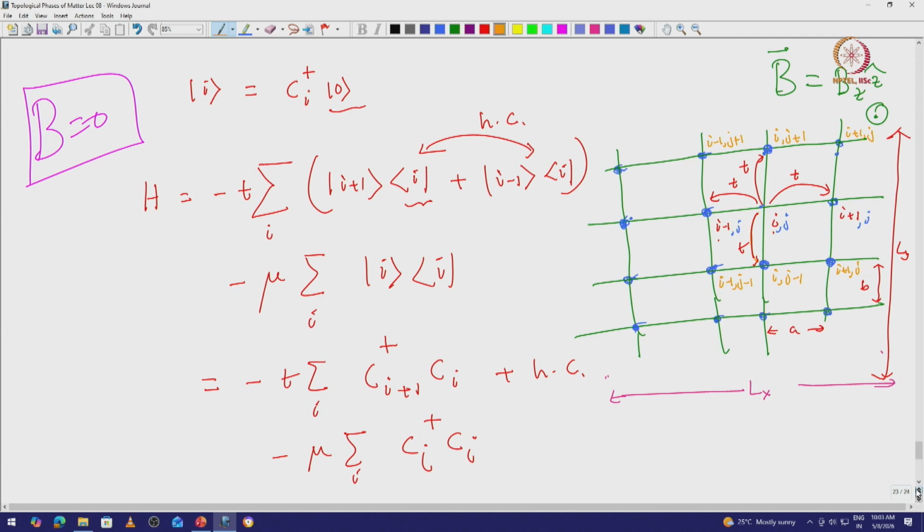So, then one can just introduce these indices i and j, and then again the hopping from j to j plus 1.